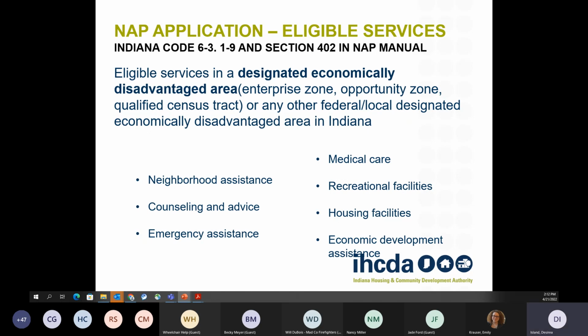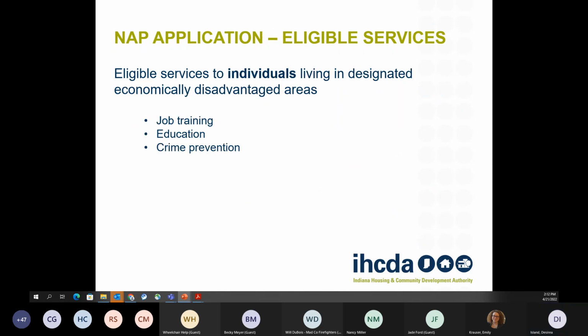A majority of the applications and programs are in economically disadvantaged areas, so try to be as specific as possible about what your category will fall under. There are also eligible services to individuals living in designated economically disadvantaged areas: job training, education, and crime prevention.